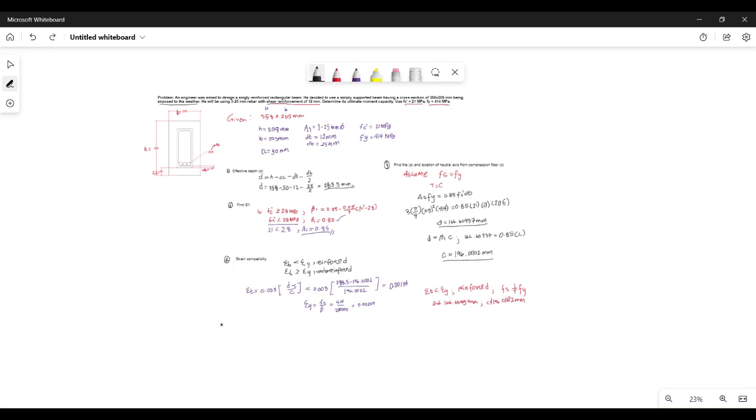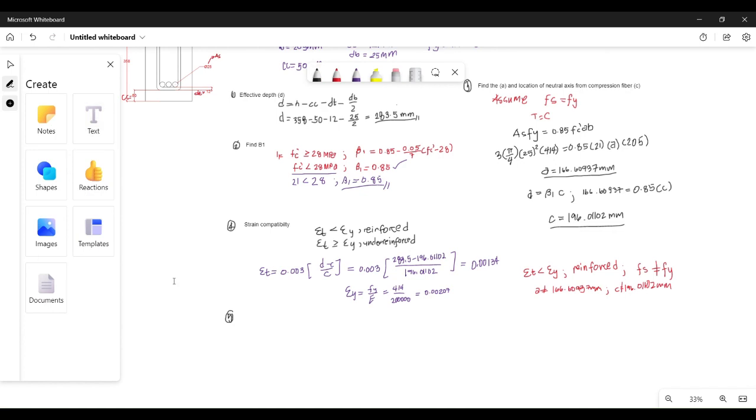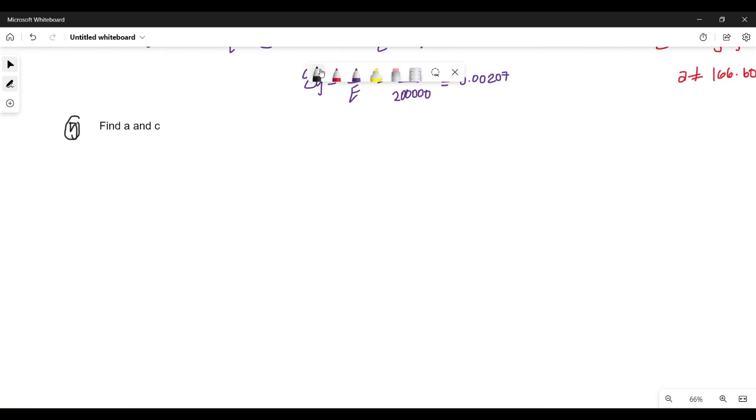Okay? Number 5. Let's add next. Find A and C. Since yung beam natin is under reinforced, we have to find A and C. So we have equation 1. Fs natin is equal to 0.85 Fc prime AB.